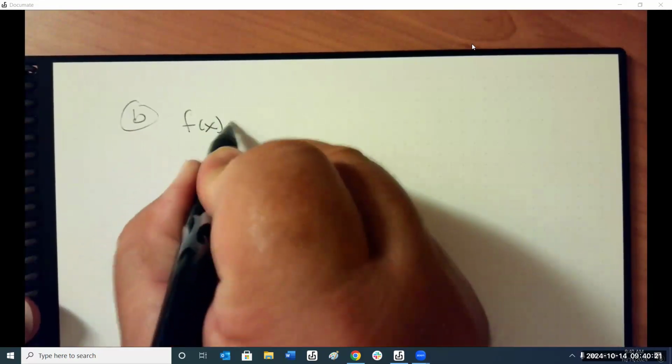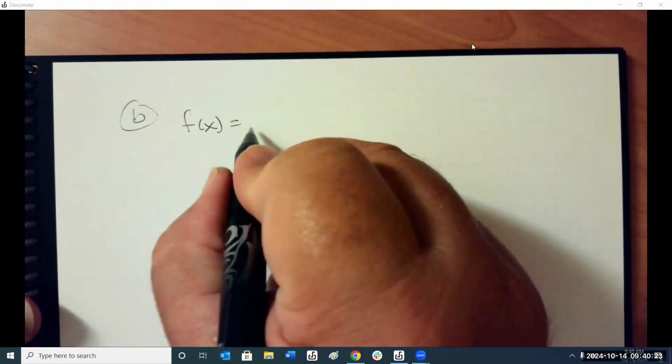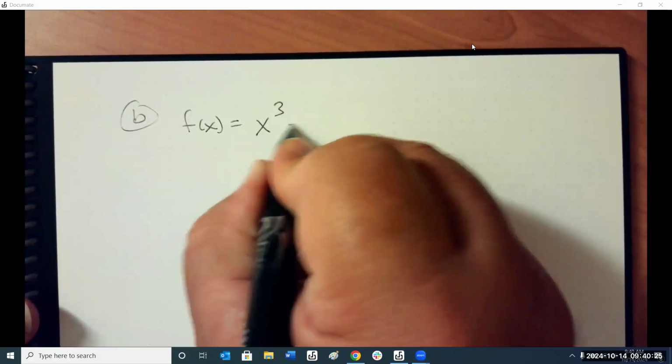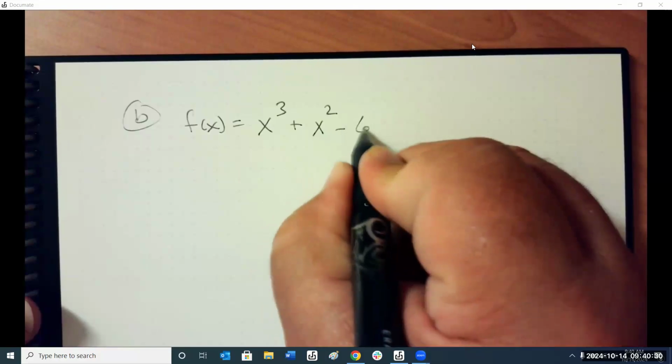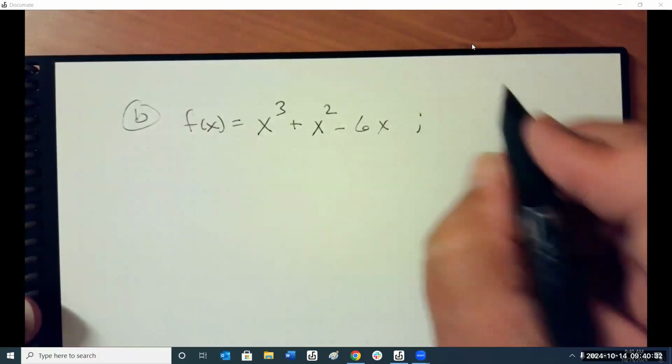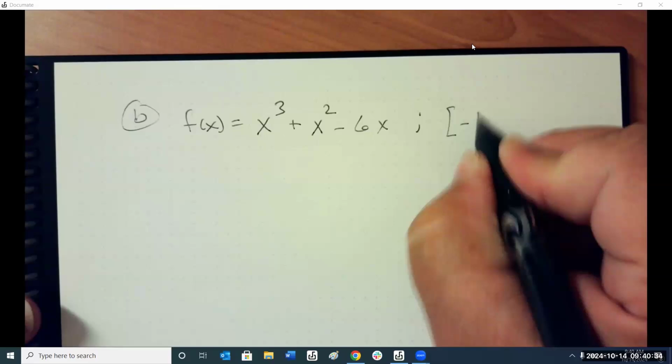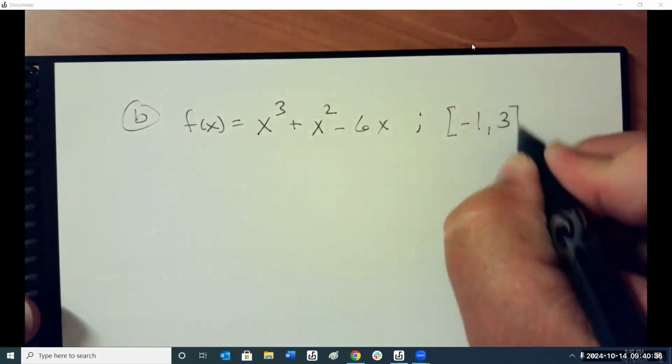Okay, let's look at the next one. The same function, x cubed plus x squared minus 6x on the interval -1, 3.